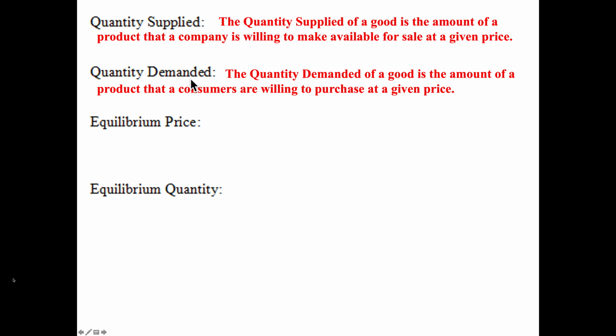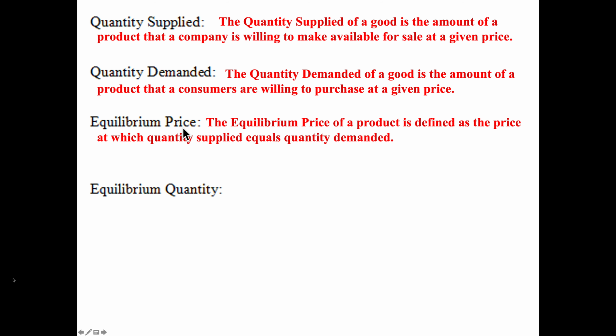So what do the two try to do? They try to come up with an equilibrium price. This is where you set these two functions equal to each other to find a price that both the consumer and the company are willing to sell the product for.